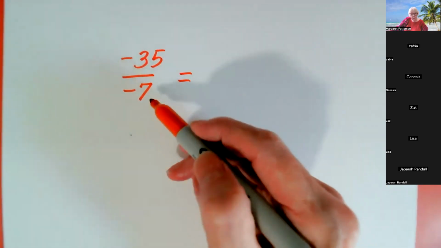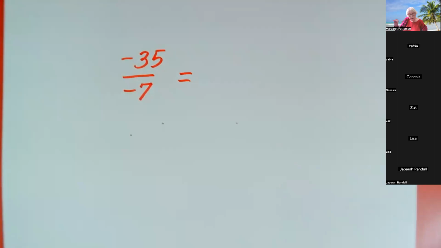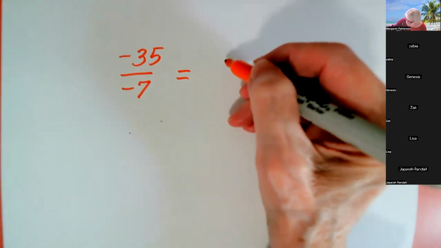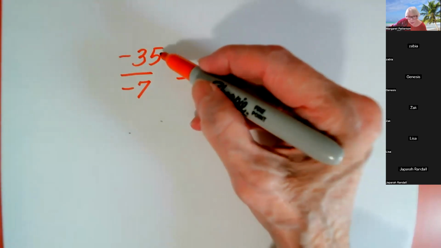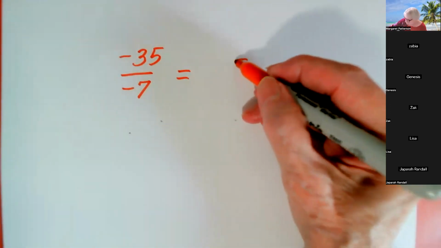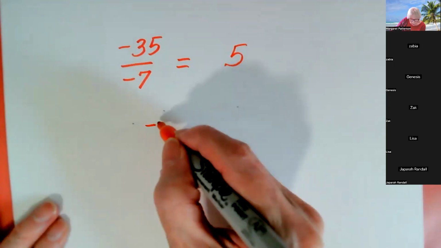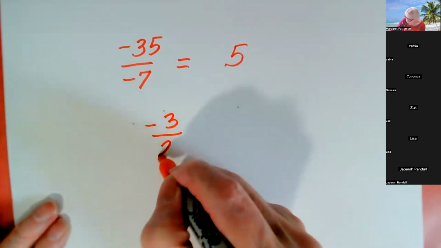The two negatives, but it's actually like that minus if you think about it. The two negatives make it positive. So all you have to do is 35 divided by 7 is 5, and two negatives make it positive. So this is where you've got to be letter perfect as far as your work is concerned. Let me try one like this.